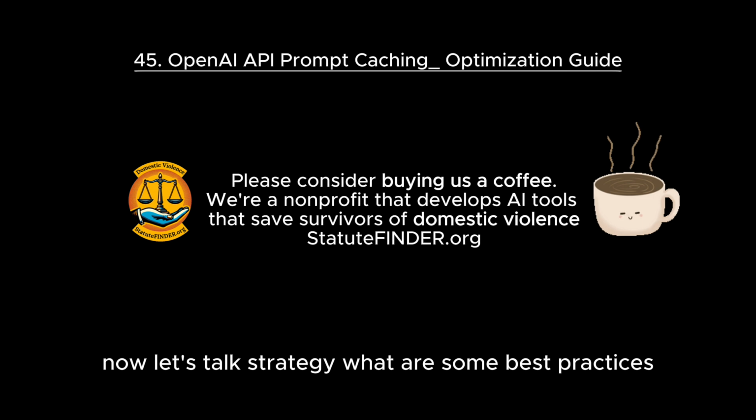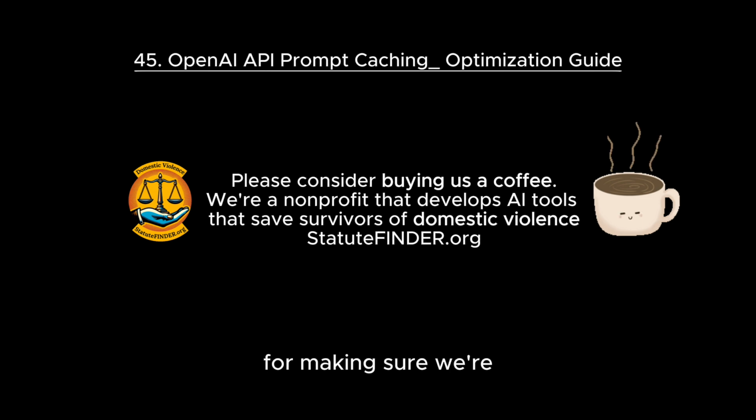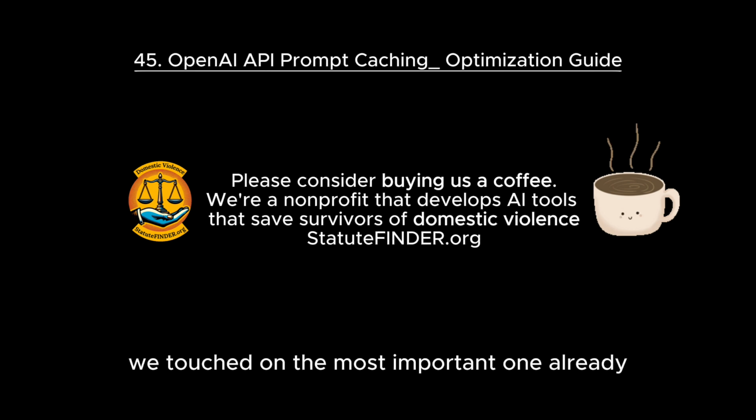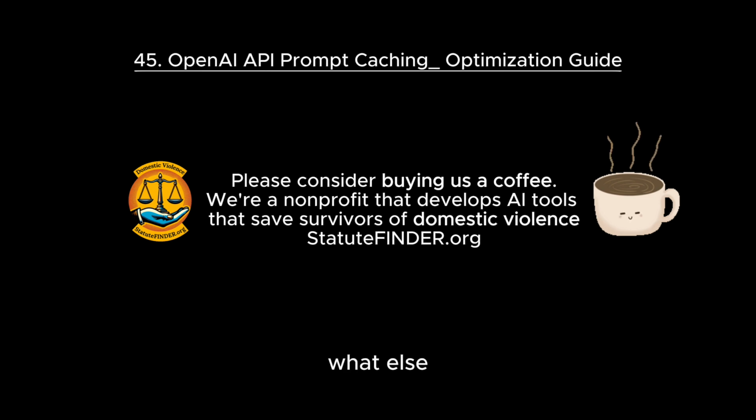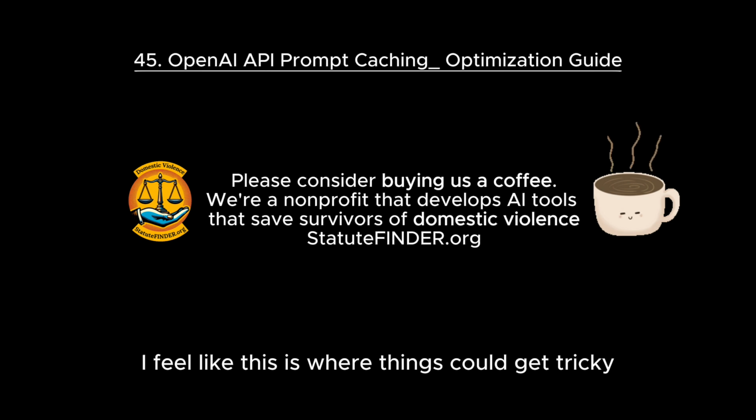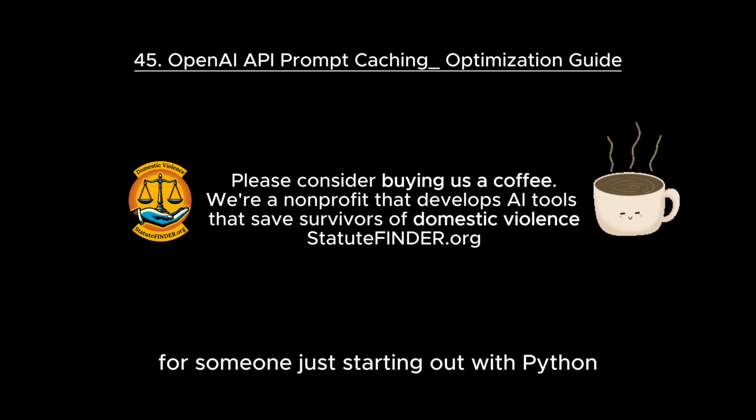Now let's talk strategy. What are some best practices for making sure we're squeezing every drop of efficiency out of this feature? Well, we touched on the most important one already, structure your prompts effectively. Keep that static content at the beginning and the dynamic content at the end. Right, like writing a good sentence. What else? I feel like this is where things could get tricky for someone just starting out with Python.